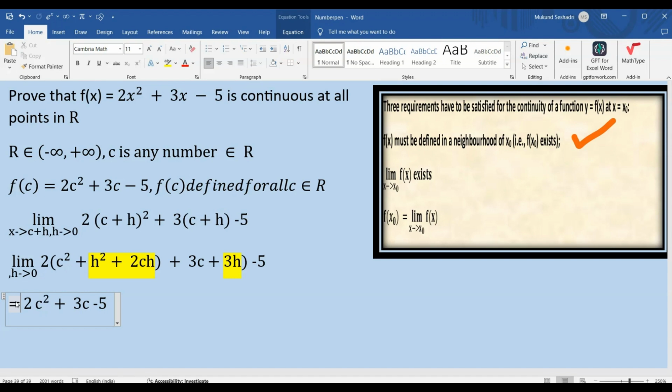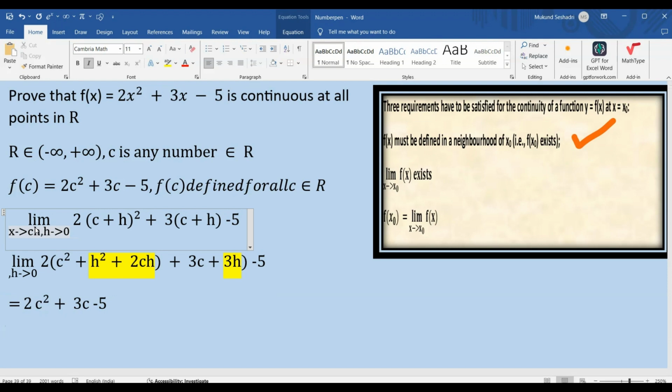And now, very similarly, and I'm not going to repeat the step here, very similarly, when you do c minus h, which is your left hand limit, right?